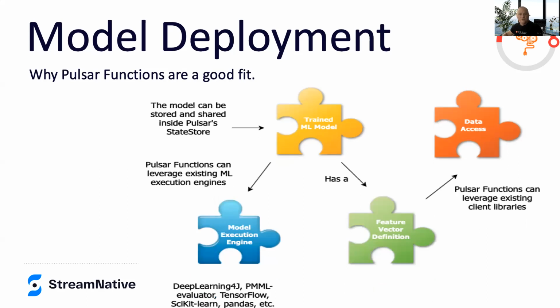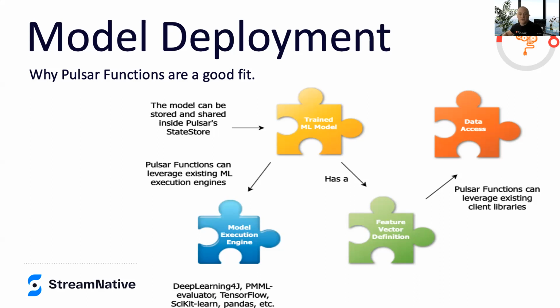So why are Pulsar functions a good fit for this, right? Models themselves can be shared using Pulsar's internal state store. As I mentioned earlier, Pulsar is a state store and you have a model suite. And so you can publish those things internally and hand off that model directly to a Pulsar function. That's a backdoor way to hand off those models.